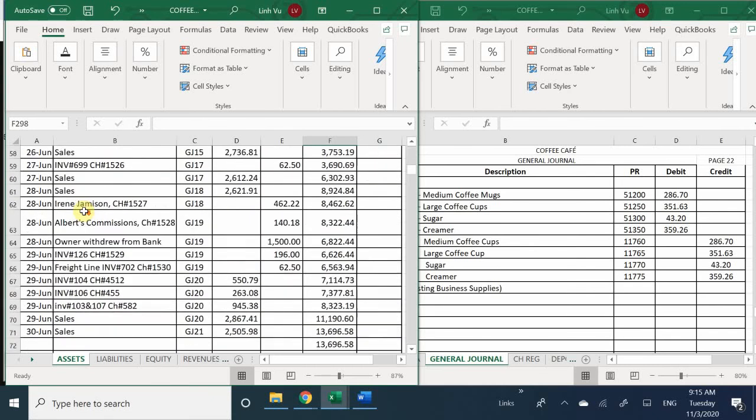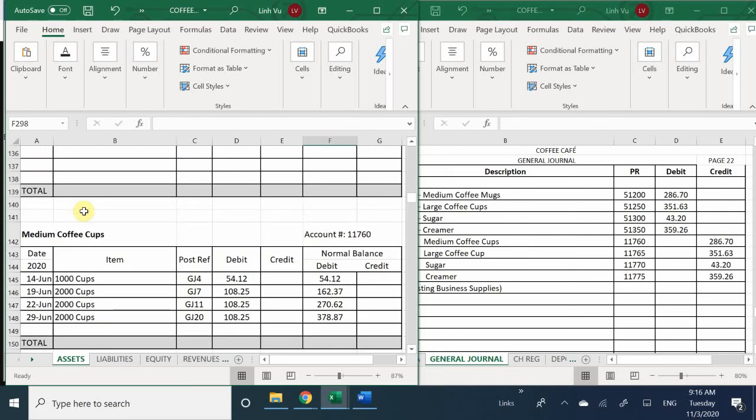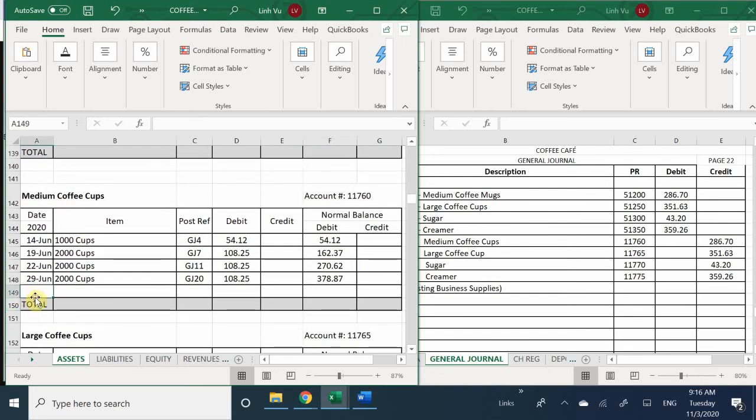So here is my bank. All right. Here we go. Medium coffee cups. So how many cups did I use? 5,297. Credit 286.70.